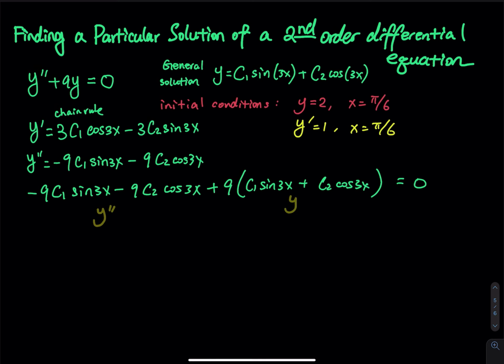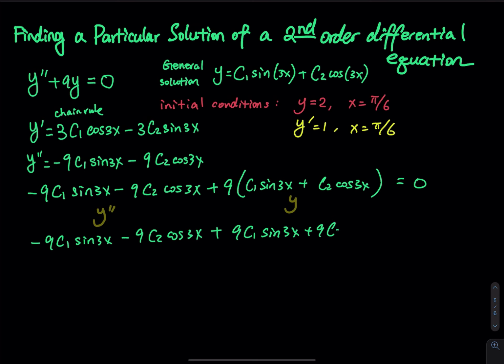I'm trying to save some space. So negative 9c1 sine of 3x minus 9c2 cosine of 3x, and then plus 9c1 sine of 3x plus 9c2 cosine of 3x, that is equal to 0.